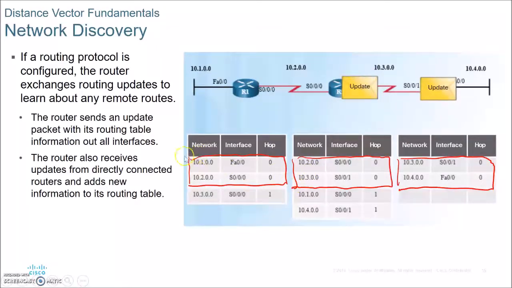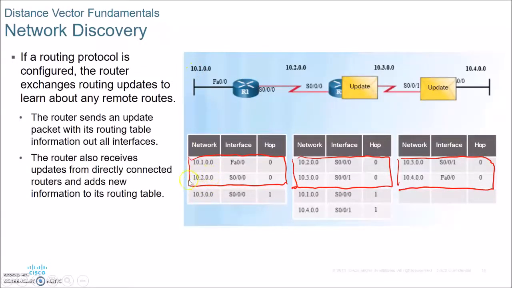It's not, so it will add this to its routing table and add 1 to the number of hops. It will now become 1 hop away. Meaning if this router receives a packet going to the 10.1 network, it will send it out through the exit interface, and this is 1 hop away. R1 will receive the packet and forward it to the 10.1 network.